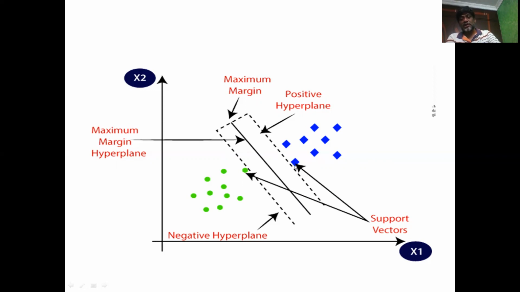If you observe, this blue square is the closest point to the positive hyperplane, and this green point is closest to the negative hyperplane. Therefore, these two are identified as support vectors for this classification problem. This terminology will be useful when you define what a support vector machine is and how the classification is done later on.